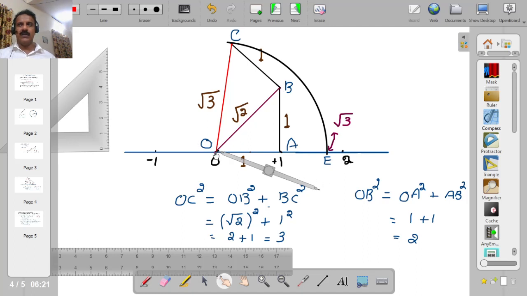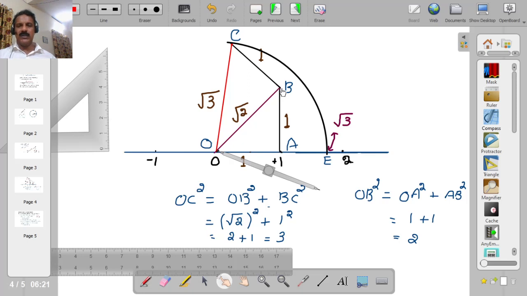We have drawn a right angled triangle with base equal to 1 unit and altitude also equal to 1 unit. So what will be the length of hypotenuse OB? We know that by Pythagoras theorem, OB squared is equal to OA squared, base squared, plus AB squared, square of altitude.